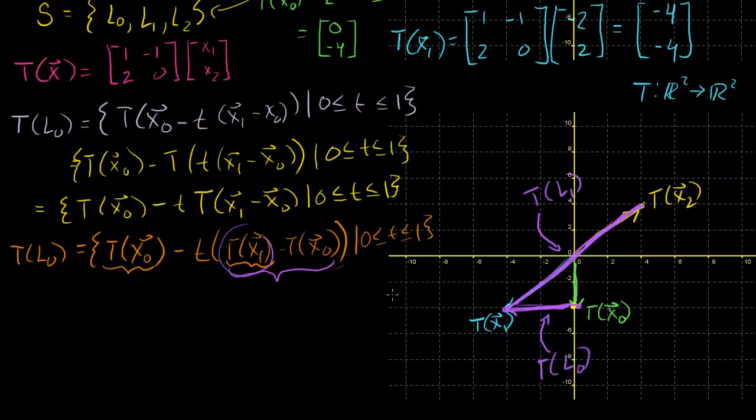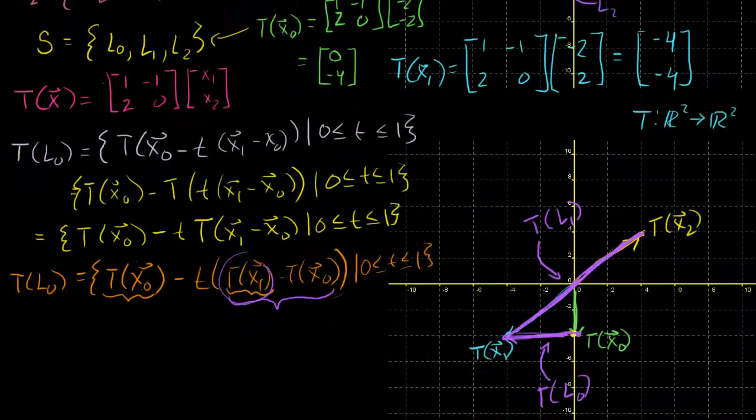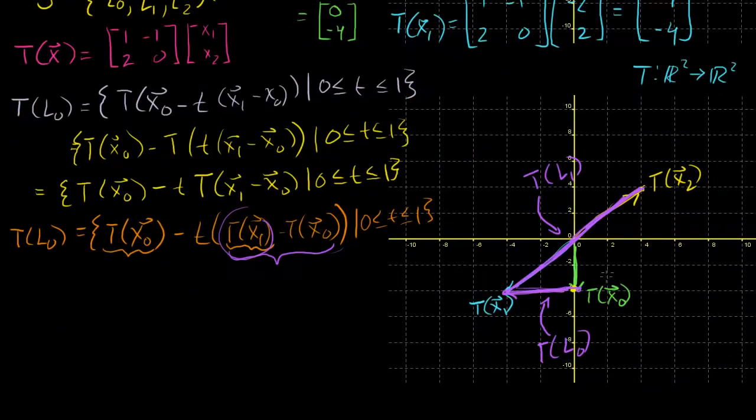This right here is the transformation of L naught. And then finally, what's the transformation of L2? L2 connects the points x2 and x naught. So that is L2 right there. The transformation of it, using the same math that we've done before, is really just the line connecting the transformations of those two points. So the transformation of L2 is going to be the line that connects the transformation of x2 to the transformation of x naught.